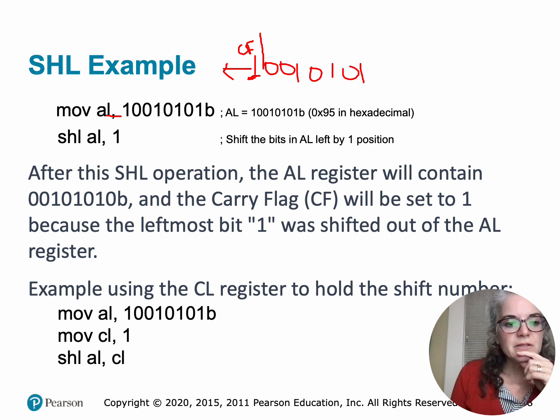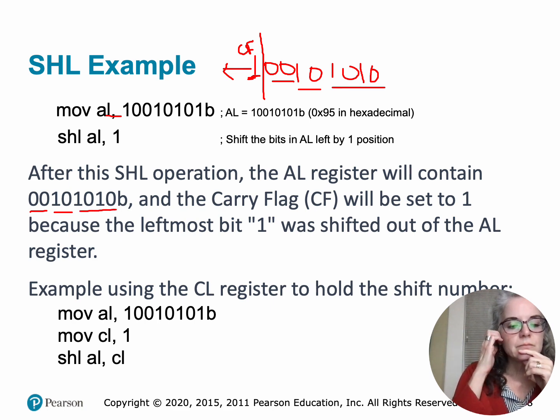So our new number is going to start here, and we're going to fill this with a 0 at the end. So our new number is going to be 0, 0, 0, 1, 0, 1, 0, 1, 0. So AL, that register, gets updated with the new number.